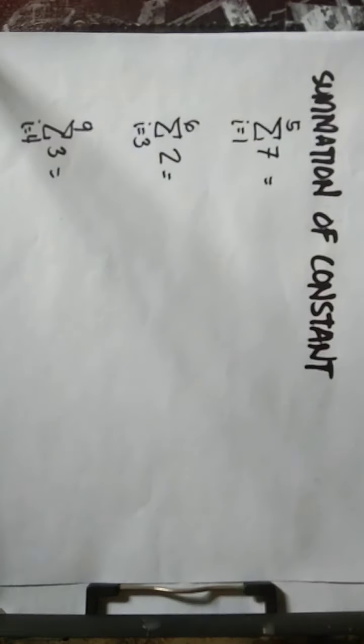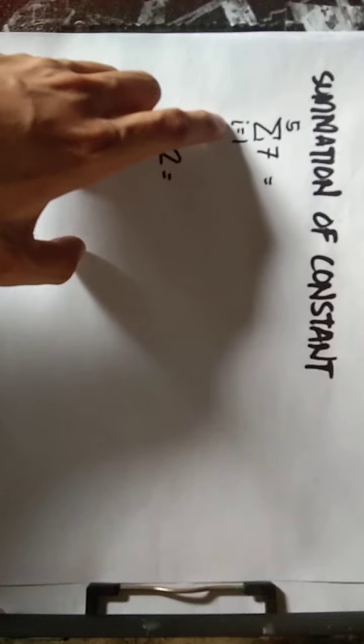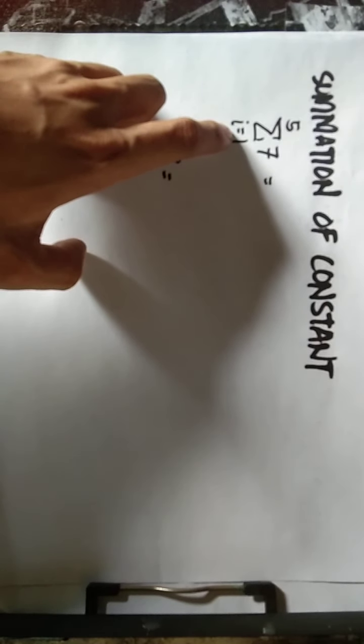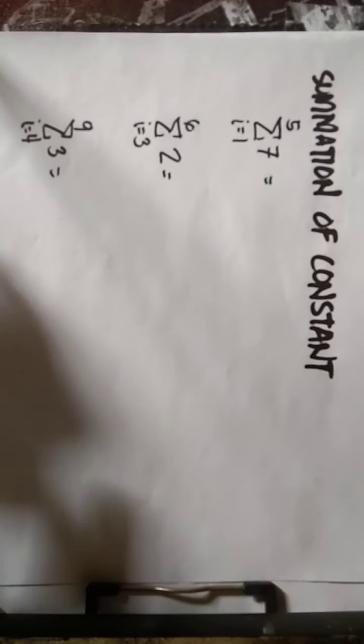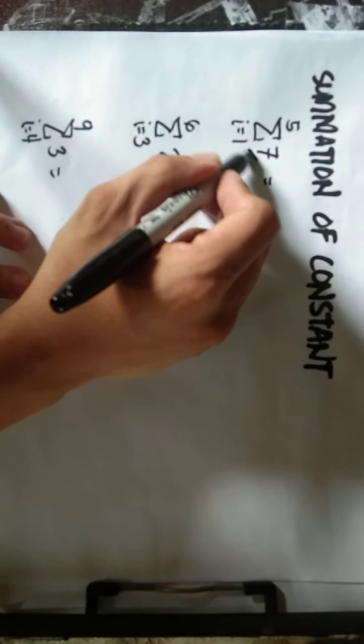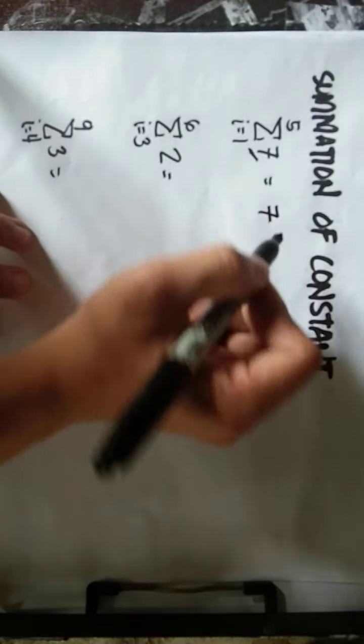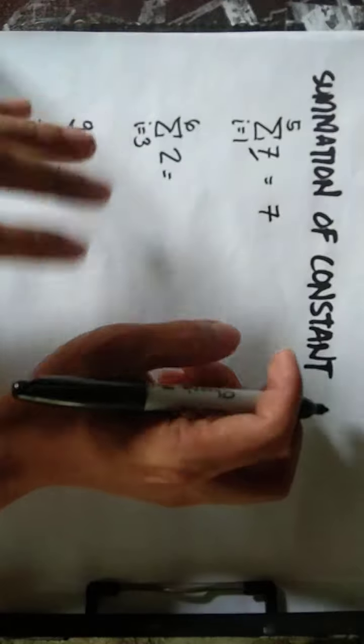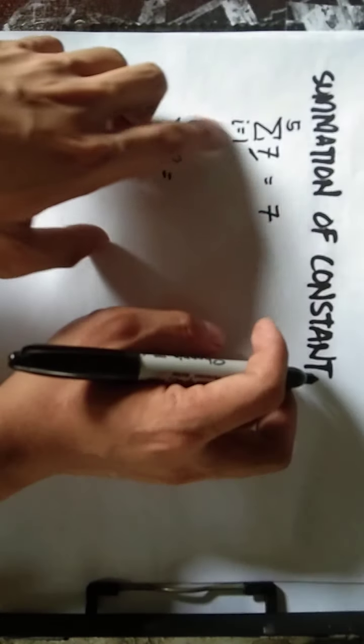So, for example, we have the summation of 7 when i is equal to 1 to 5. So, basically, we're just multiplying in this kind of expression. So, paano ba yun? So, we just write the constant, yung given, which is 7. Then, bibilang lang tayo kung ilan nga ba yung mula 1 to 5.